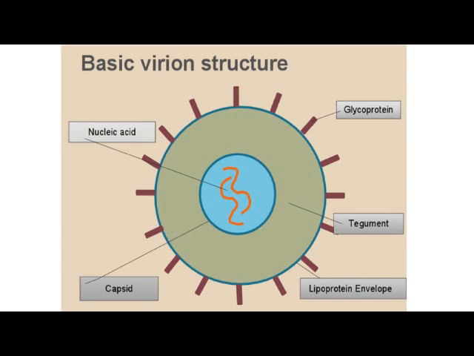So this is the basic virus structure, and the glycoprotein, that surface protein, is the feature that allows it to attach to certain cell types, and different receptors. So that's why the different viruses infect different hosts and different types of cells as well.